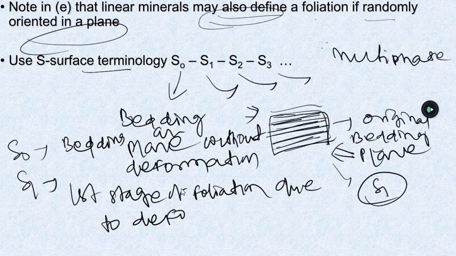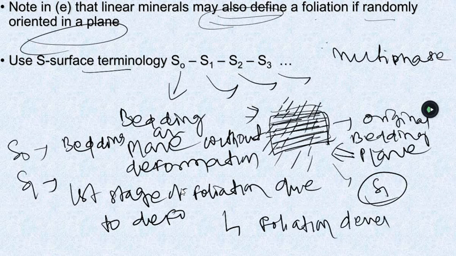So due to the deformation, some foliation is developed. Am I right or wrong? I told you that foliation will always develop perpendicular to the maximum stress direction. Am I right or wrong? So this is the S1.